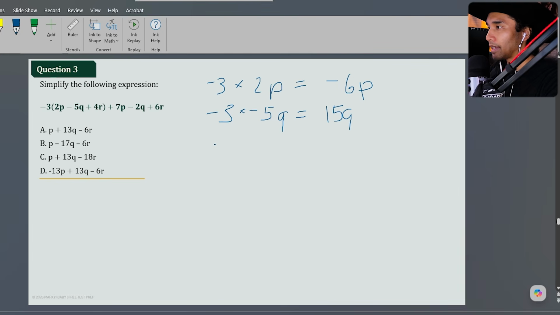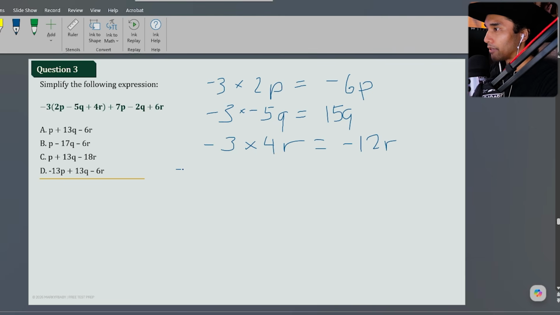Okay? And then now we have negative 3 times 4r, and that gives us a negative 12r, because a negative times a positive equals a negative. Okay?